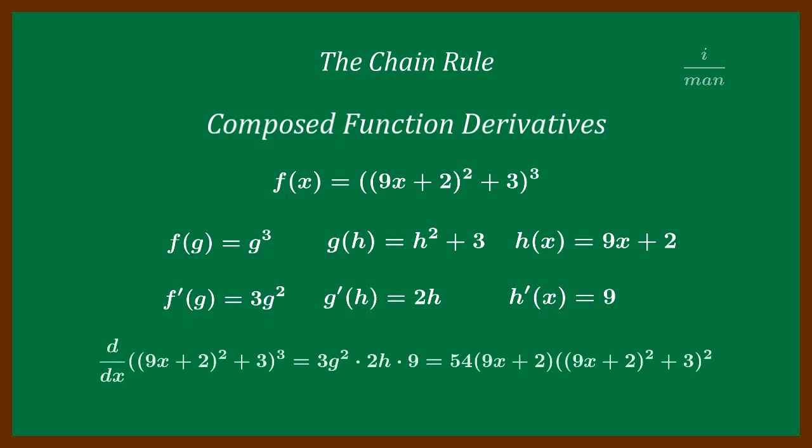So f prime of x is equal to 3g squared times 2h times 9, which is the same as 54 times the expression 9x plus 2 times the expression 9x plus 2 squared plus 3 all squared.